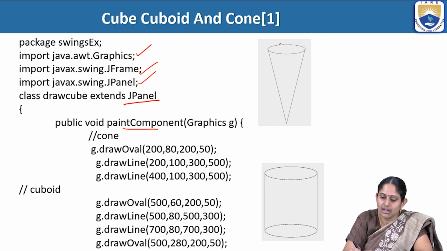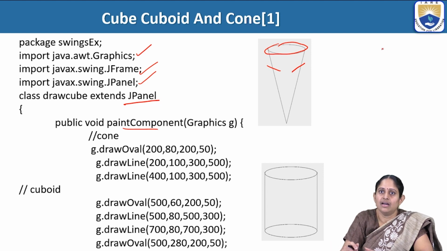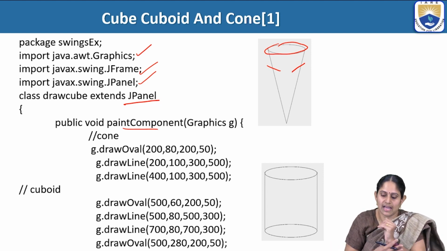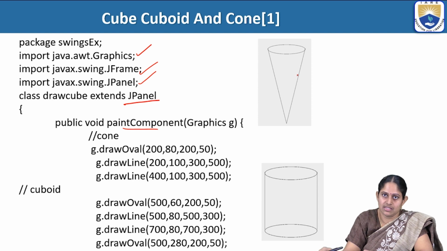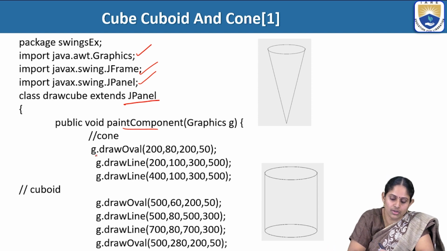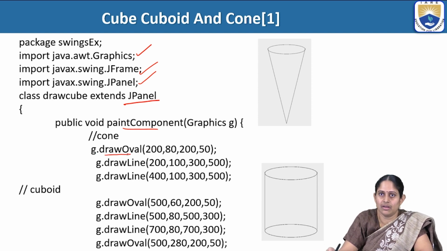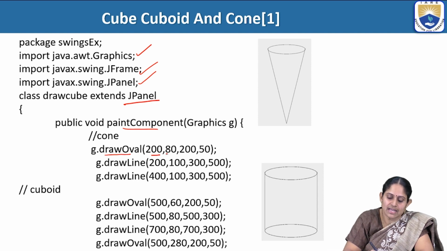So here we have the cone. For the cone we need an oval and two lines. These are the three items which we will be using in our program. First we need an oval, then two lines. So we first call the drawOval method from the Graphics class, which starts at 200, 280.